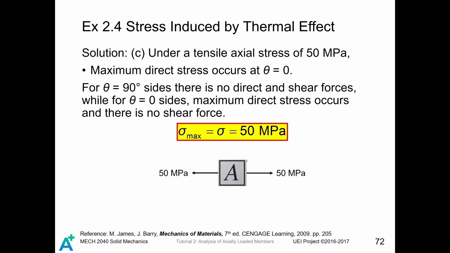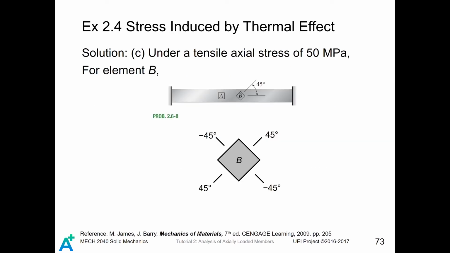For the 0 degree surfaces, there is maximum tensile stress, 50 megapascals, acting on it. While for the horizontal surfaces, there is no tensile and no shear stress acting on it. For element B, it is a little bit different. For those two surfaces, their angle of inclination is 45 degrees, while for those two surfaces, their angles of inclination are both negative 45 degrees.